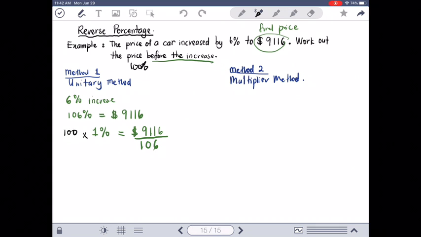So we times 100 on the left hand side, times 100 on the right hand side. So you get 100% equals to, press your calculator, you should get $8,600. So that is your final answer.